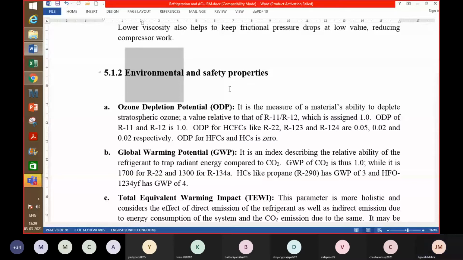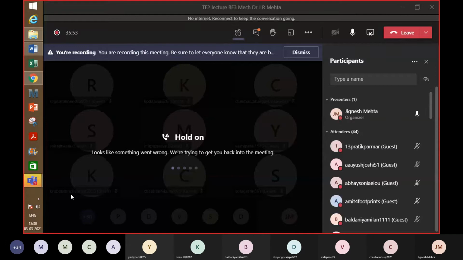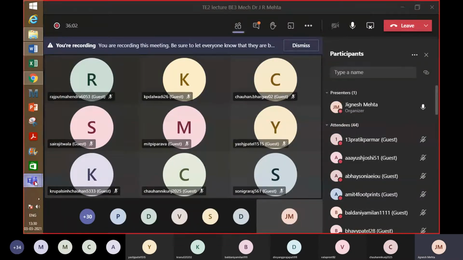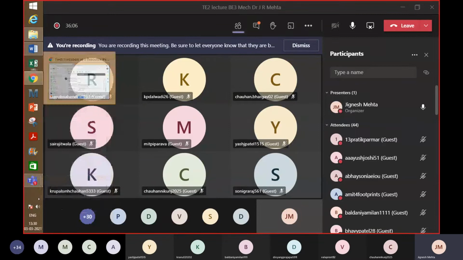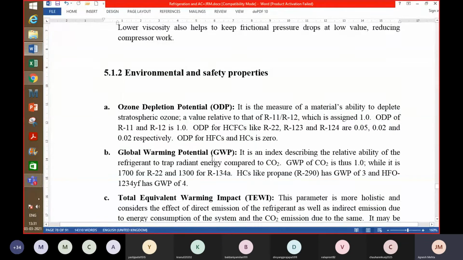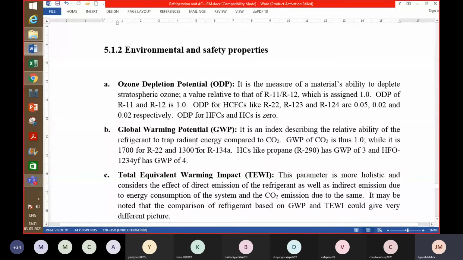Somebody may argue that the quantity used is less, and then somebody may even argue that they are working fluids used in closed systems, right?